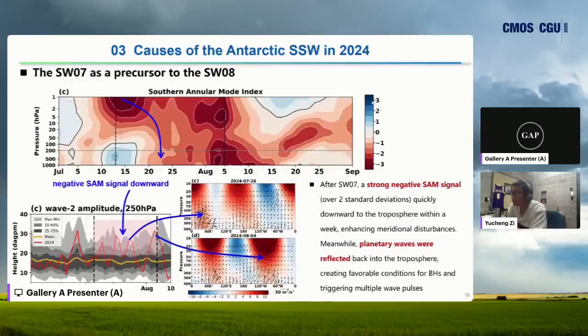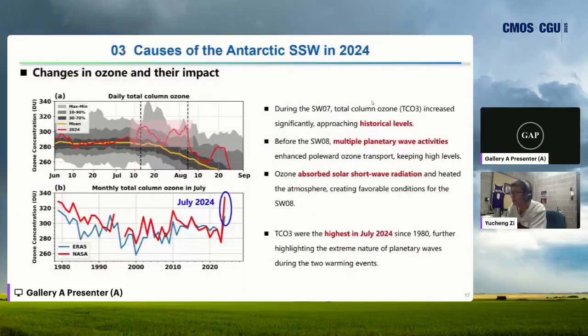Okay, finally, the change in ozone and its impact. Panel A is the time series of daily total column ozone, which is TCO3.